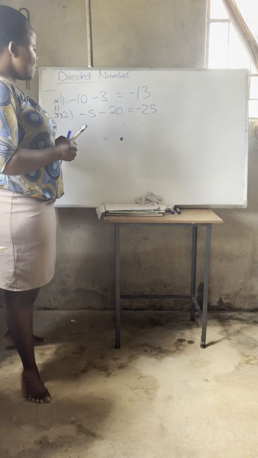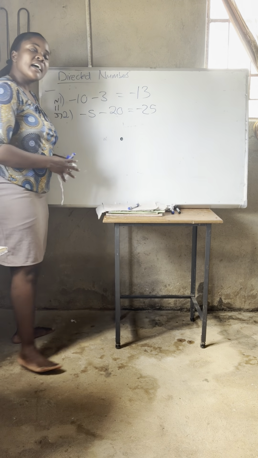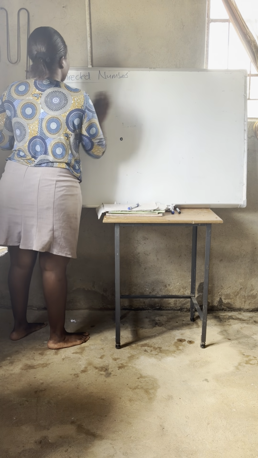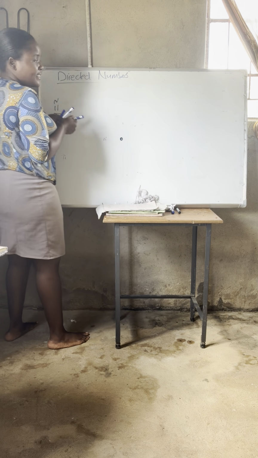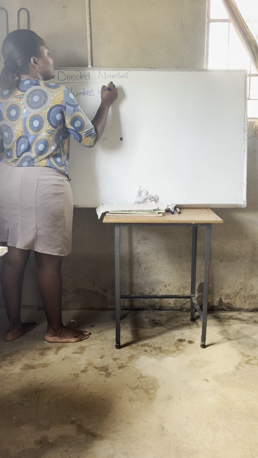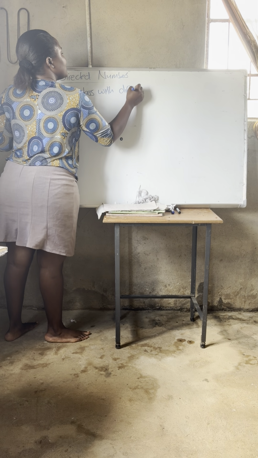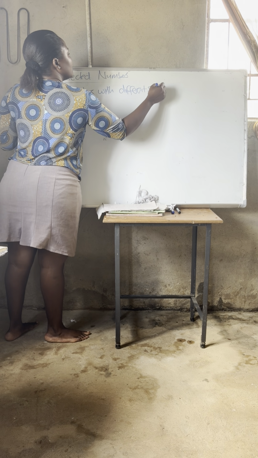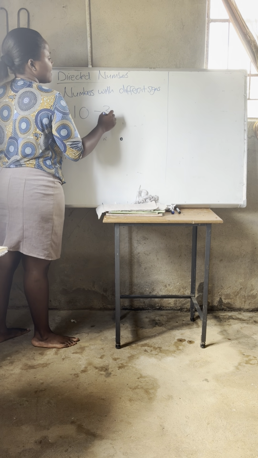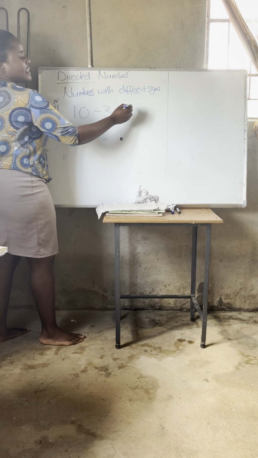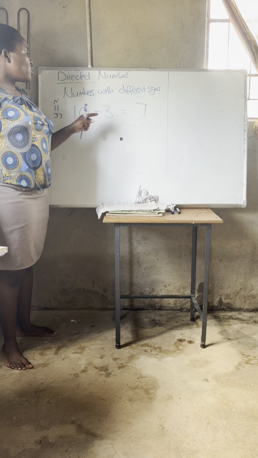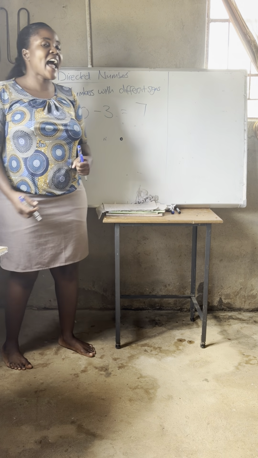Now, let's move on to numbers with different signs. Let's say we are given 10 minus 3. We know that 10 minus 3 is 7 from primary level. 10 here is positive, 3 is negative, so these numbers have different signs.